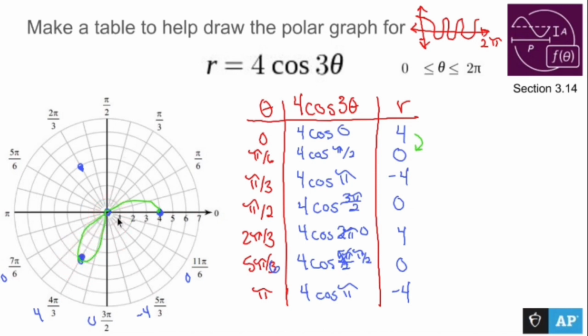As I'm moving towards 2 pi over 3, I'm heading to 4. As I move towards 5 pi over 6, I'm heading to 0. And as I move towards regular pi, I head to -4. And then I repeat. Again, I'm at 0, and then this goes to 4. So there's no need for me to draw the same exact outline again because of repetition.